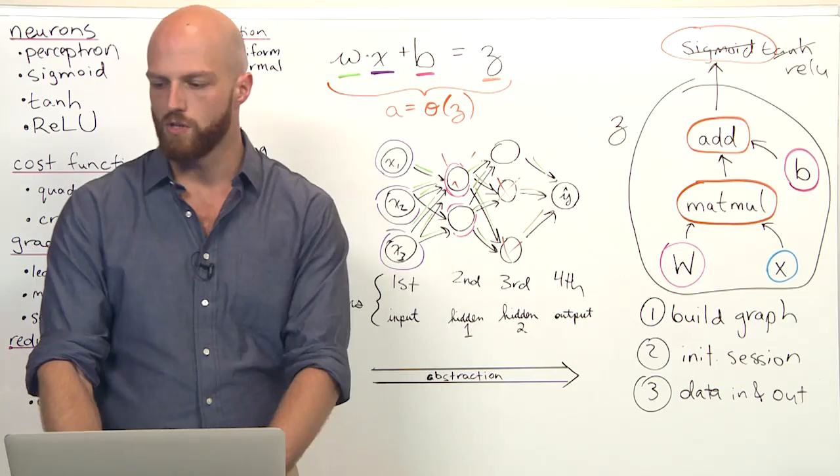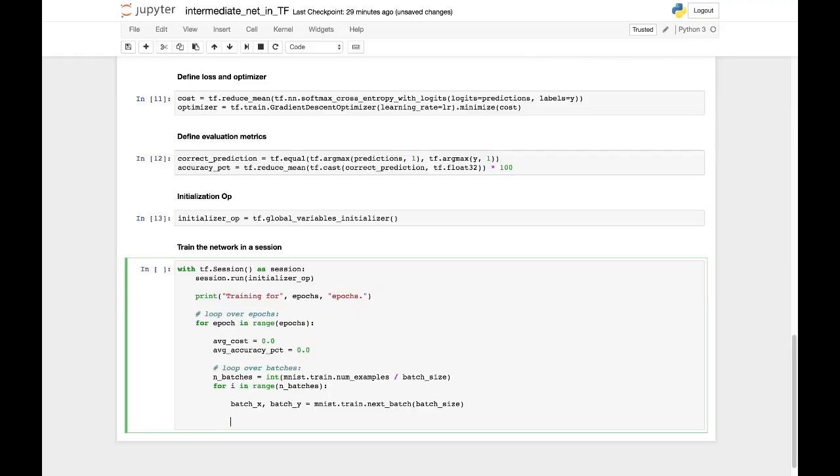And so to do that, we're going to feed and fetch data. So we're going to feed in our batch X, our batch inputs, and our batch Y, our outputs, and then we're going to fetch the key information, which is the cost and the accuracy.